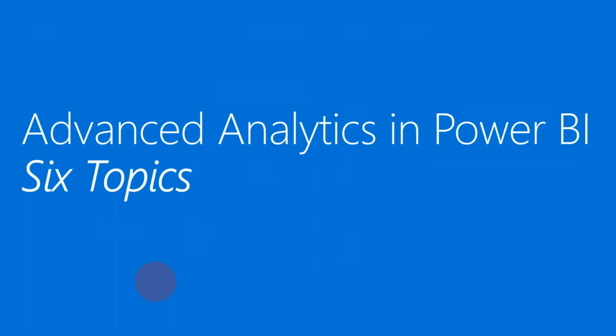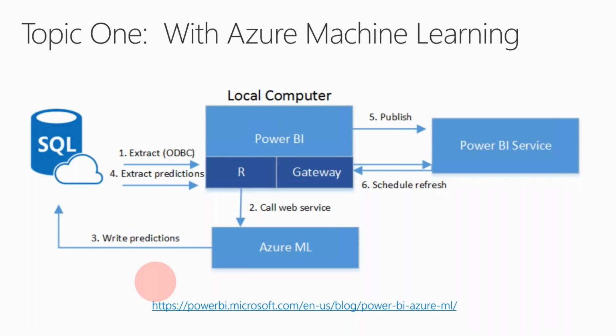All right, topic 1. Topic 1, I'm calling pairing Power BI with Azure Machine Learning, and specifically Azure Machine Learning Studio, now that that phrase has come to mean several things on the back end. What I'm showing here is an architecture, and there's a link at the bottom, and this architecture was developed a few years ago.